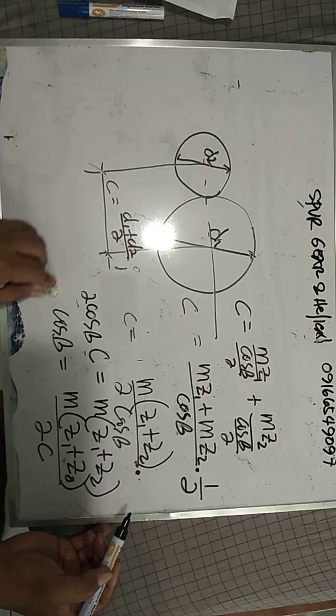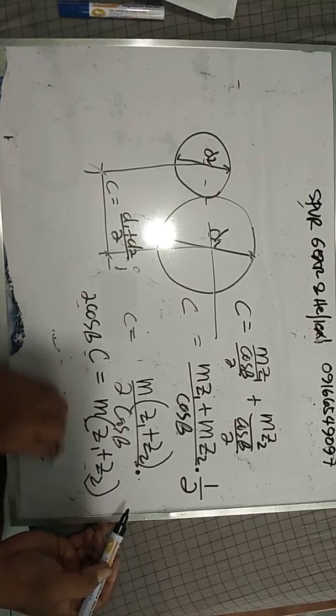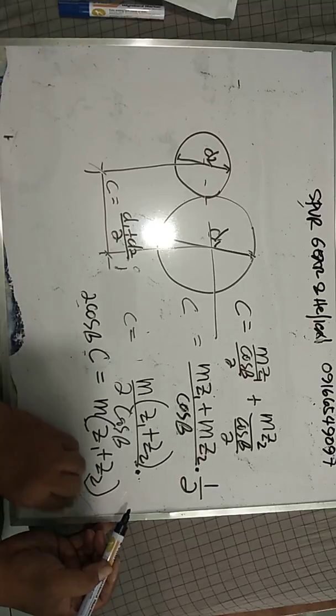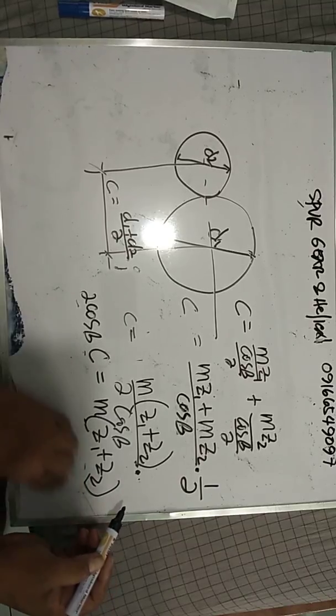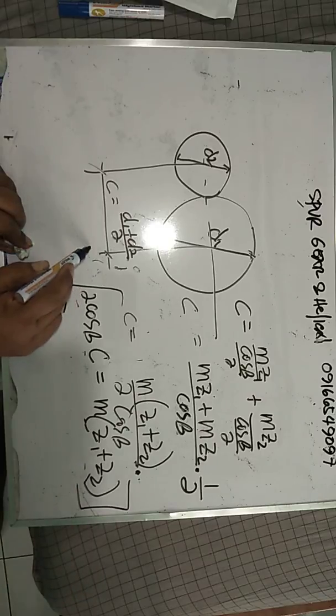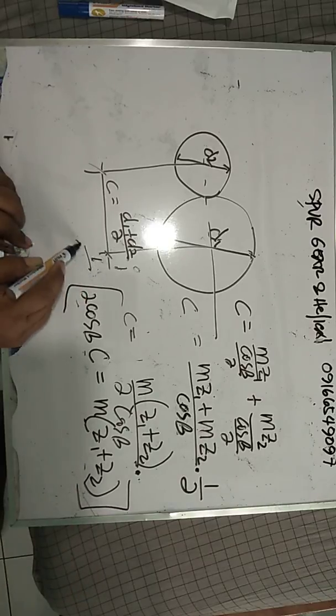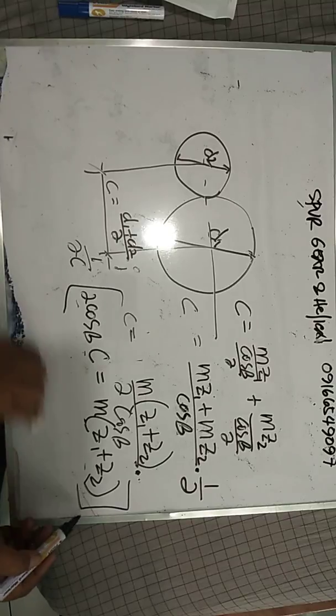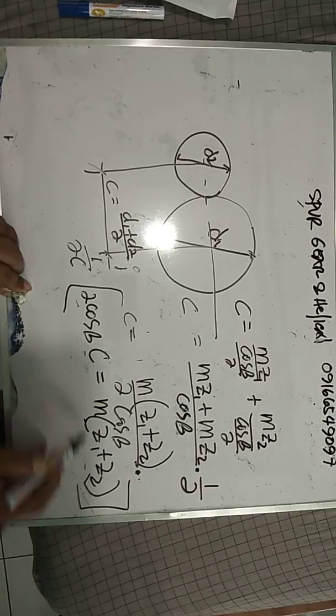Or we can multiply both sides of the equation by 1 over 2C, and this 1 over 2C cancels out.